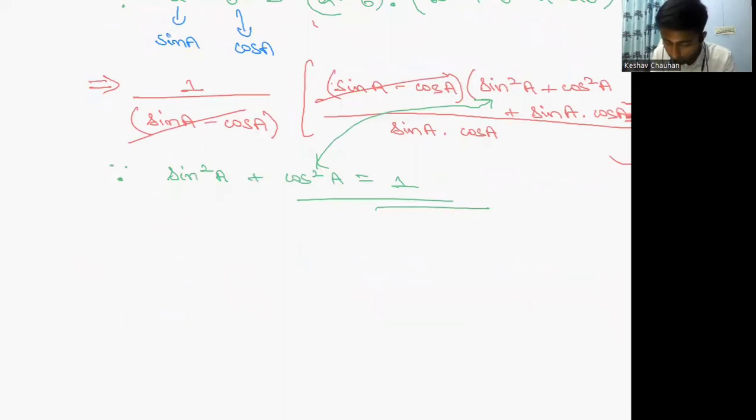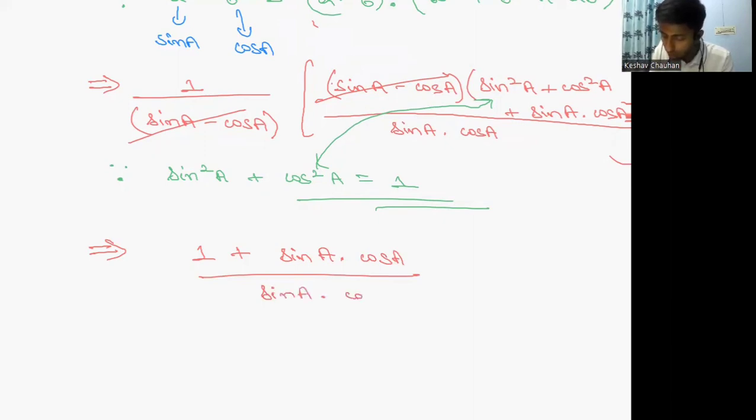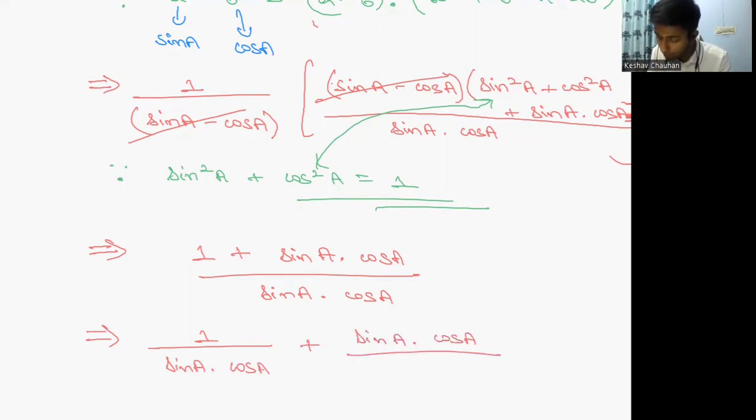It would become 1 plus sin A into cos A upon sin A into cos A. Now we'll break the LCM and we'll have sin A into cos A plus sin A into cos A. Now this will get cancelled out, sin A to sin A, cos A to cos A.